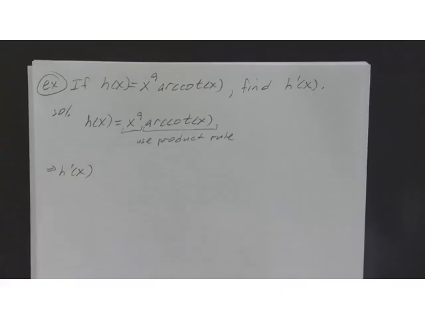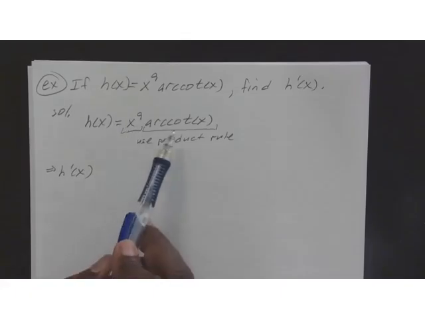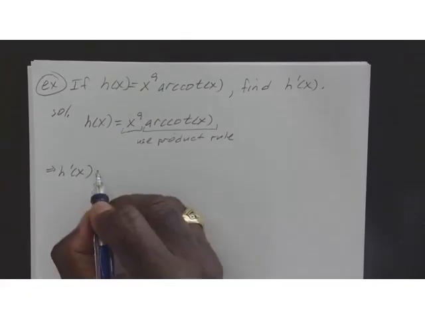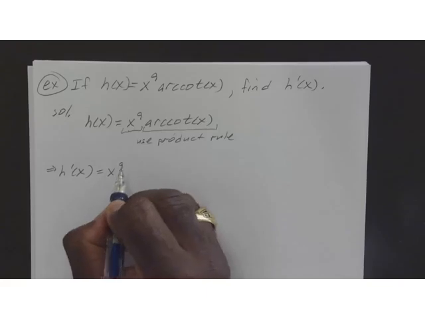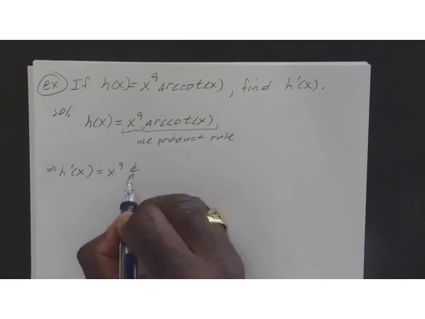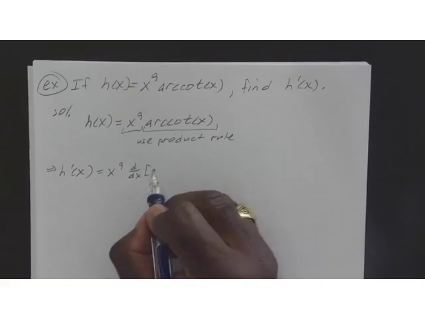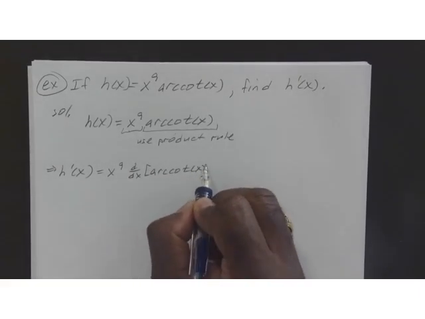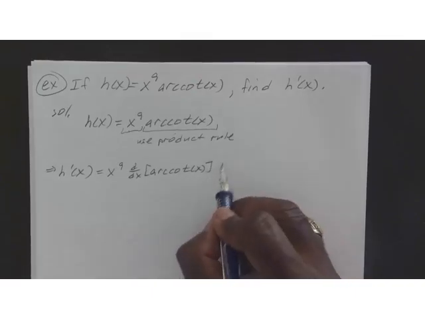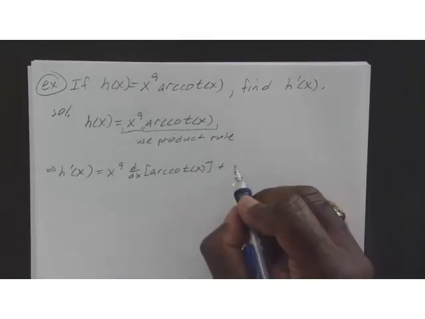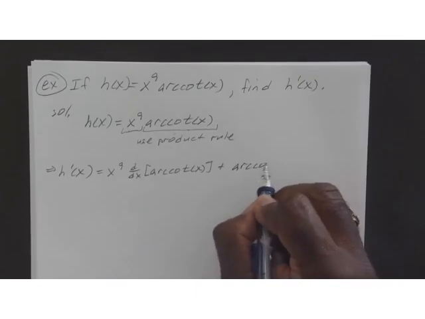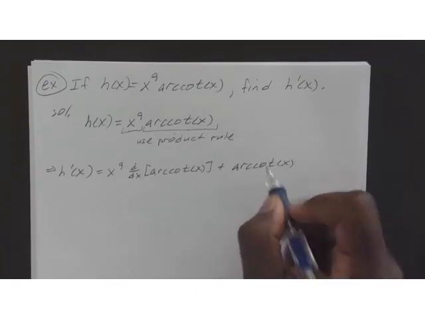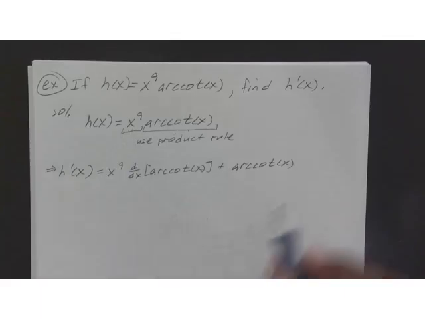So using the product rule, we have the first function times the derivative of the second function. So x to the 9th power times the derivative of arc cotangent of x, plus the second function, arc cotangent of x, times the derivative of the first function.